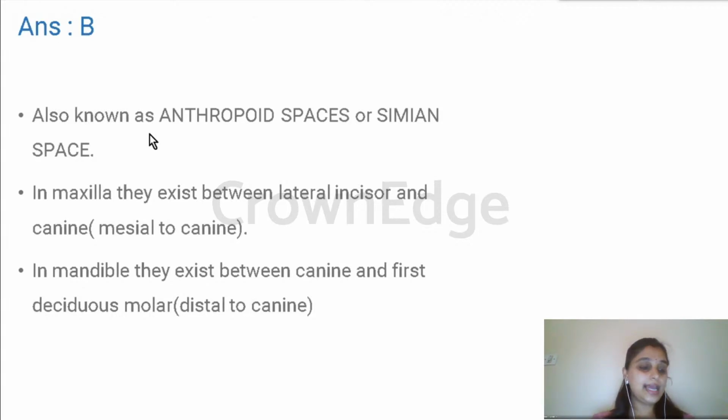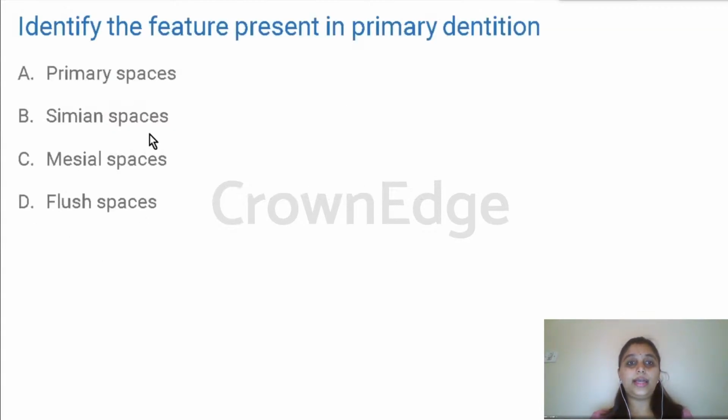That space in the maxilla is the space that exists between the lateral incisor and canine. That is basically mesial to the canine in the maxillary arch. And the space present distal to the canine in the mandibular arch, between the canine and the first primary molar, is known as your simian space.